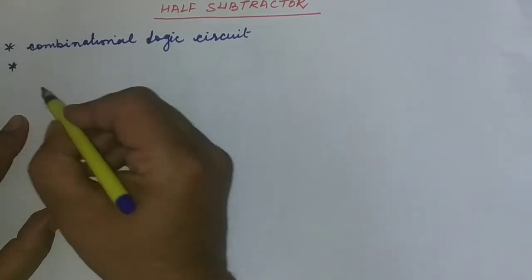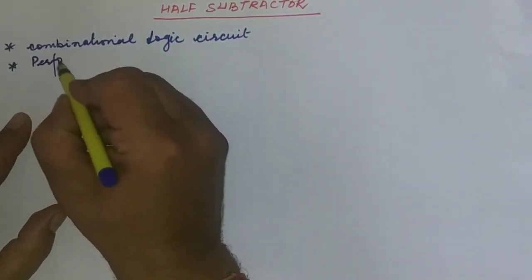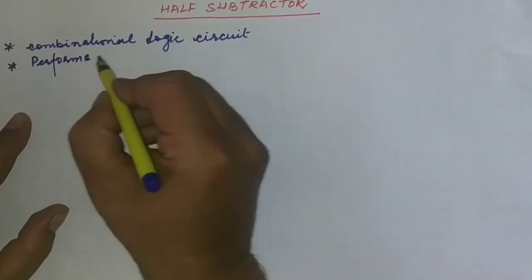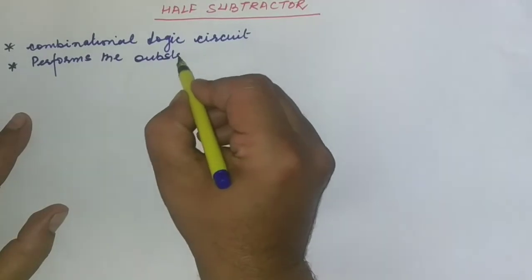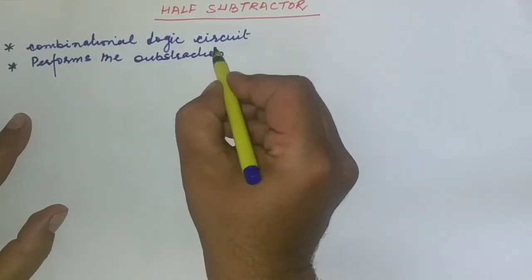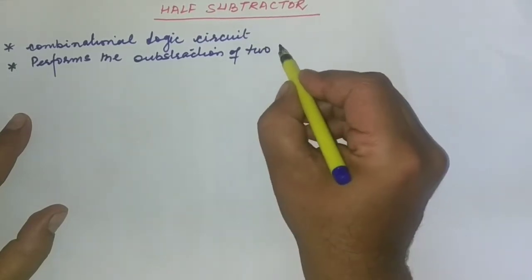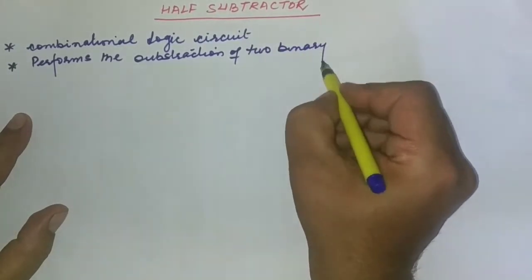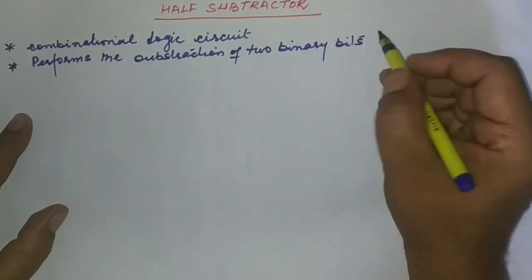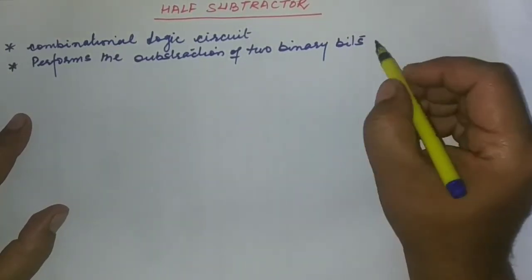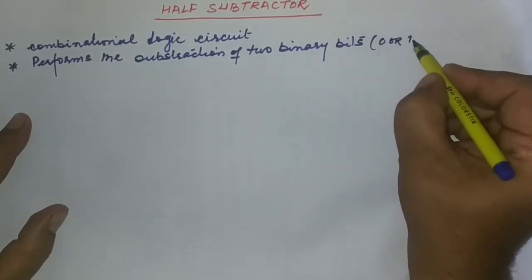So the next point is that the half subtractor performs the subtraction of two binary bits. It means that the half subtractor uses the binary numbers, means either 0 or 1.